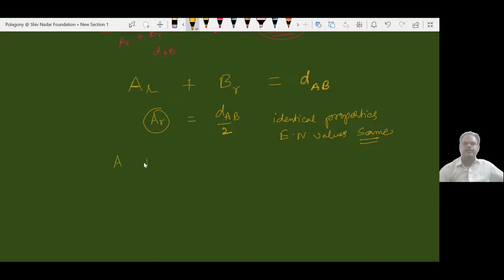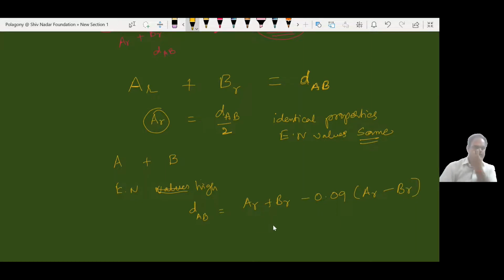If A atom and B atom have different electronegativity values, and the electronegativity difference between these two atoms is high, then we have to use the formula: D_AB is equal to r_A plus r_B minus 0.09 times the difference of r_A minus r_B.